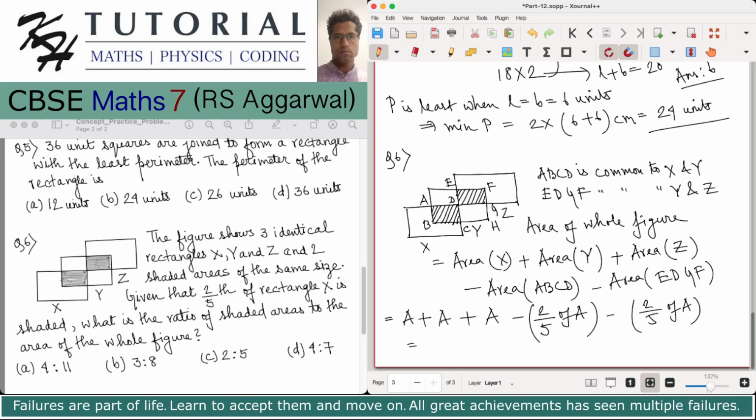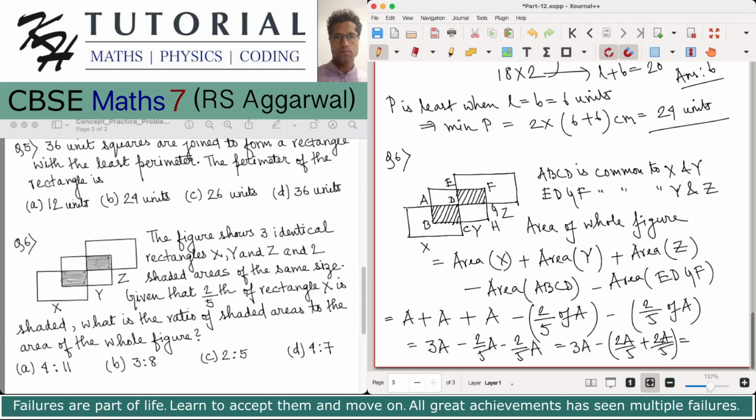So this is equal to 3A minus 2/5 of A minus 2/5 of A. So this is equal to 3A minus (2A/5 plus 2A/5).